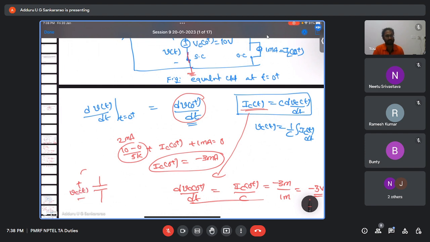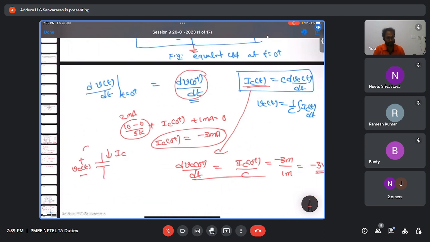When the capacitor is charging from a voltage source, some external source, then the direction of capacitor current is this one. It enters at positive and leaves at negative. Let us say it is a source free circuit, the capacitor is discharging. If we assume the capacitor voltage is like this, capacitor discharging means the current flows like this.